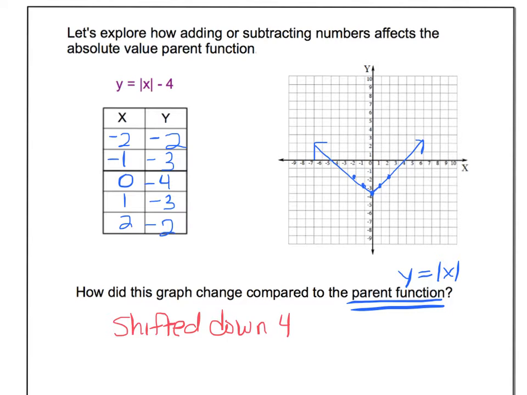Well, what exactly has shifted down 4? Every point. But there is a special point on this function that we talk about, and that is the tip. That's called a vertex. So we can describe the movement in this graph as the vertex has shifted down 4. We understand that every other point came with it.